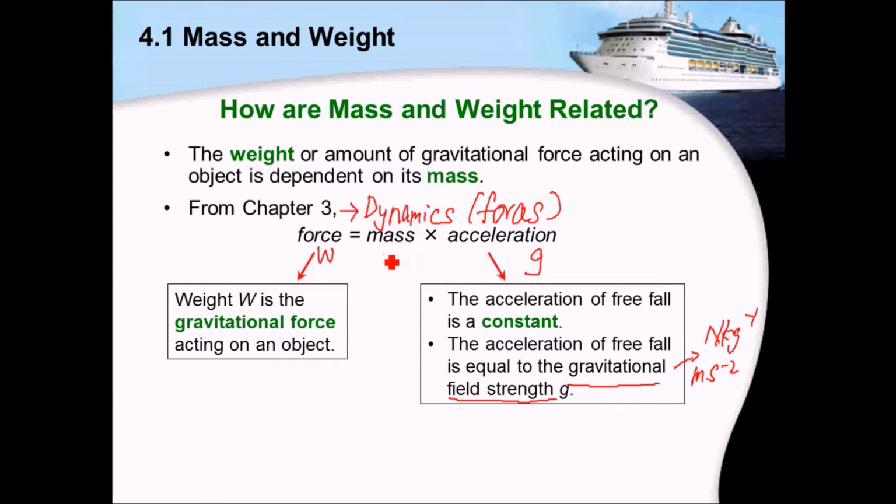Mass will remain as the mass of the object. So what do you get in return? You get a subset of the original formula F equals ma, which is W equals mg. So this formula is originally derived from F equals ma. They are very, very related. Okay, so let's move on.